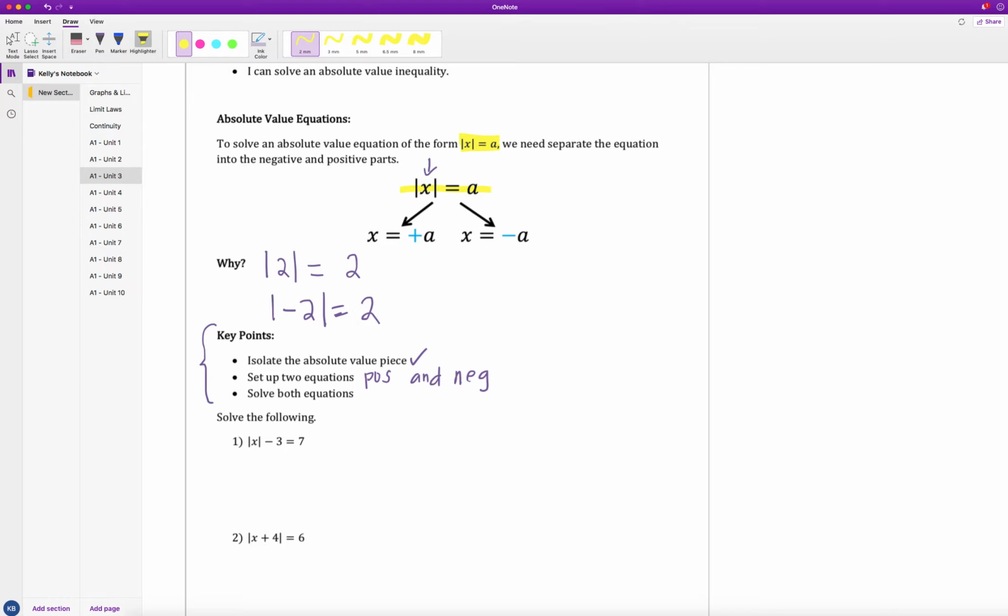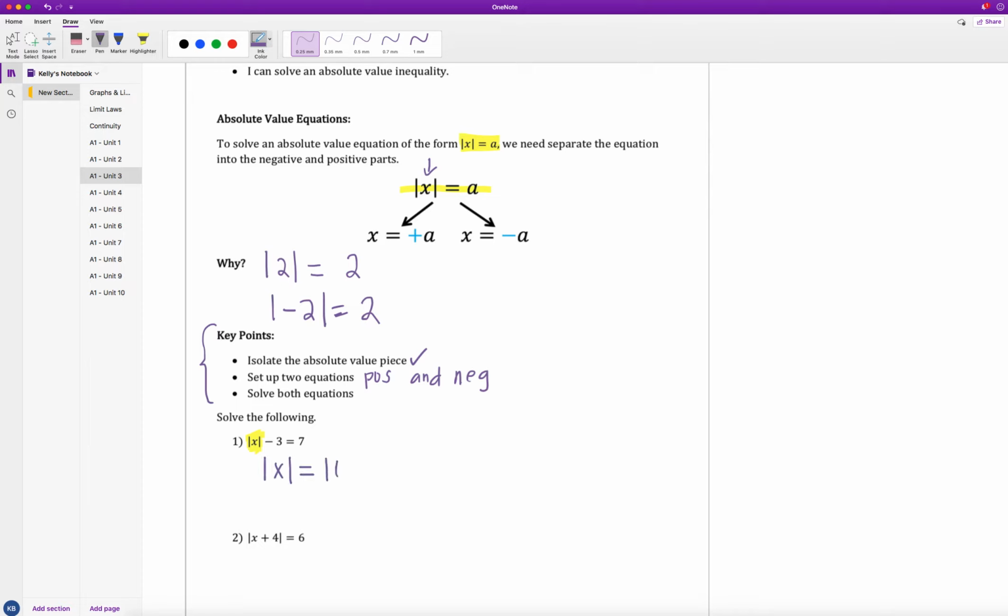In this case, it is not, because the absolute value is just the absolute value of x piece. And so we have this minus 3, which is making it not isolated. So my first step will be to move the negative 3 to the other side by adding 3. So when I add 3, I get 10. So the absolute value of x equals 10. Now I have isolated the absolute value part.